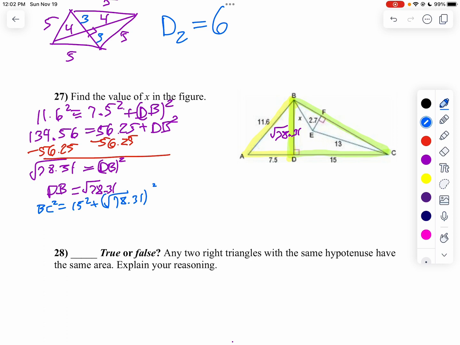So then I get BC squared. If I square 15, that's 225 plus 78.31. I get 303.31. So BC is going to be the square root of 303.31.